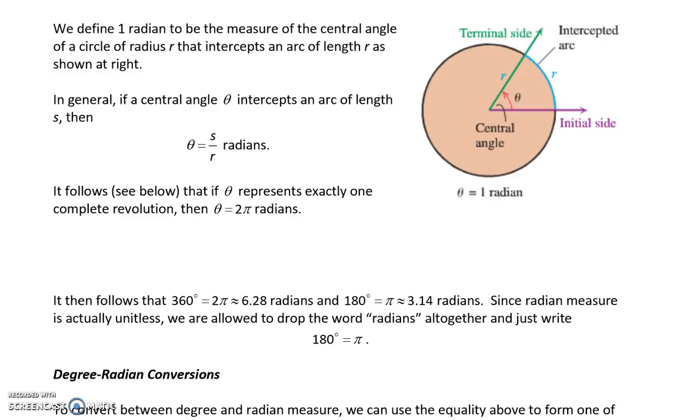In general, if a central angle theta intercepts an arc of length s, so where the arc length might be some value other than the radius itself, then the radian measure of the angle is s over r radians.